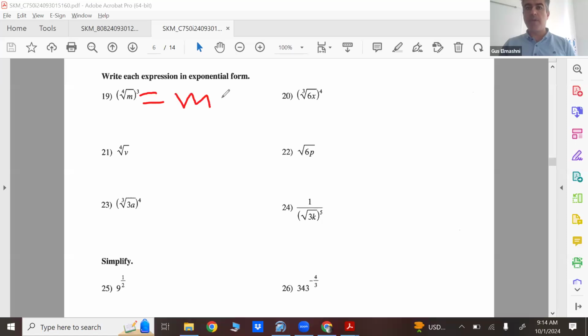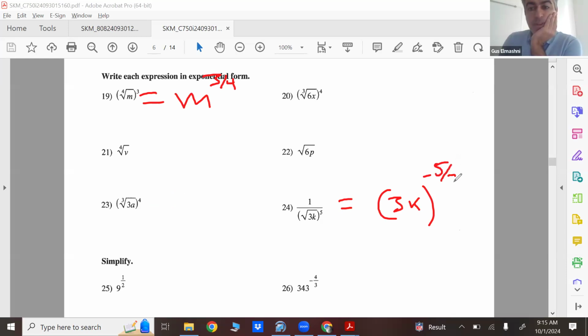What's going to be the fraction exponent here? A 3 what? Perfect. Thank you, Fernanda. Yep, 3/4. Okay, so we get 23. Actually, let me do 24. It's negative, so because it's in the bottom. And what's the fraction here? Perfect. There you go. You got it. Good work. 3k raised to -5/2.